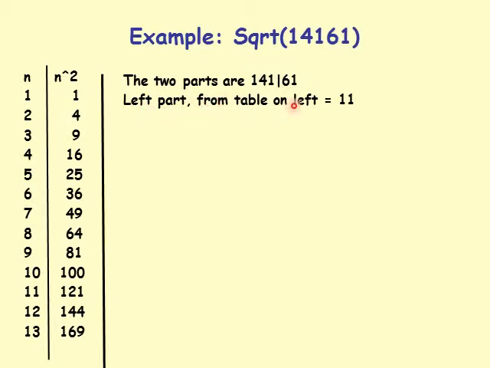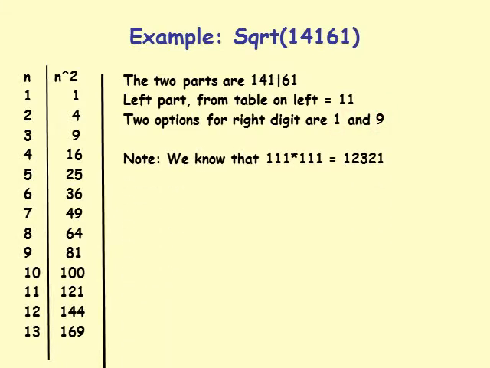Left part from the table is 11. 141 is between 121 and 144, and 11 is the digits for the square root on the left. Right is a 1 here. 1 appears against the square of 1 and also against the square of 9. So options for the right digit are either 1 or 9. And 1 and 9 are 10's complement of each other. 1 plus 9 is 10.